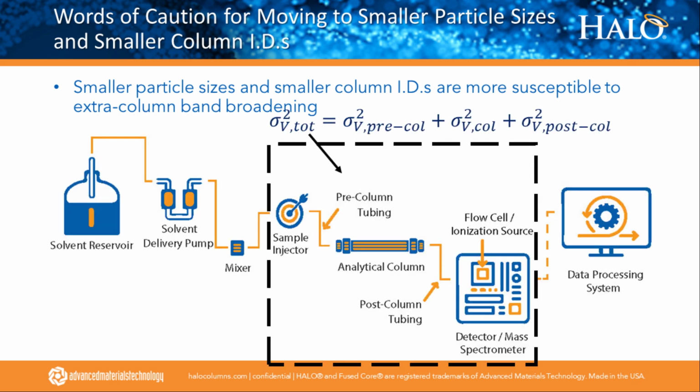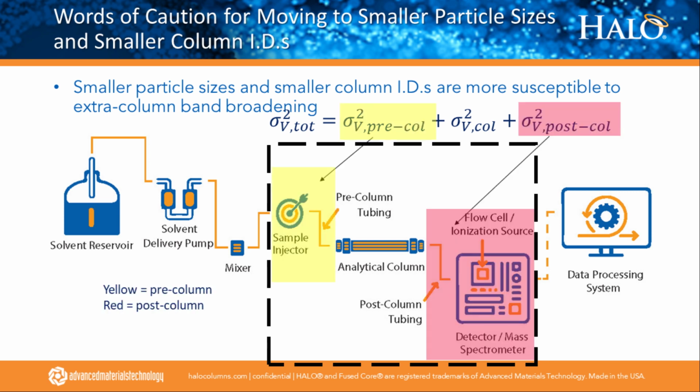And in this diagram of an HPLC system, everything inside the dashed black line represents sources of extra column band broadening, in particular the pre-column and the post-column. And then, of course, there would be dispersion from your analytical column as well. So this is just the total band broadening. But anything outside of the column would be the extra column band broadening.